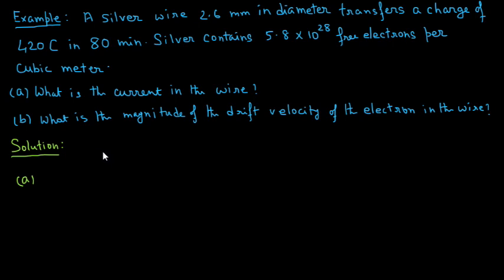So what is given to us? The diameter is given to us, right? D is equal to 2.6 millimeter. We'll convert into radius. So radius is equal to 1.3 into 10 to the power minus 3 meter. That is radius.